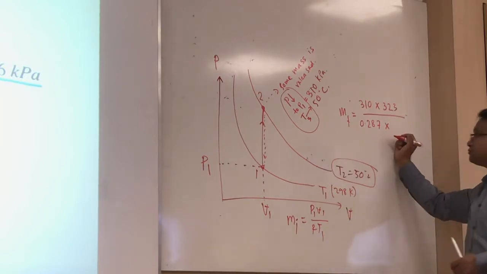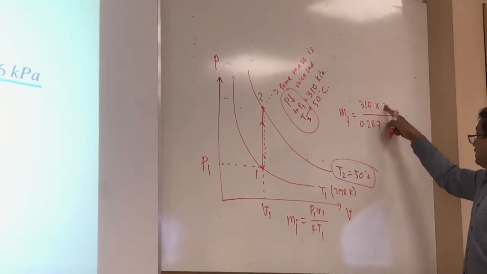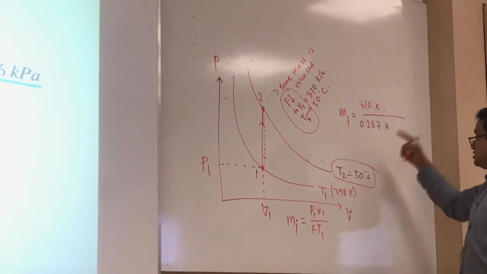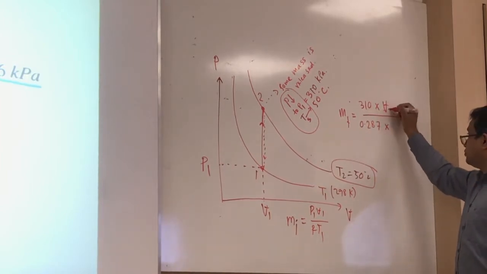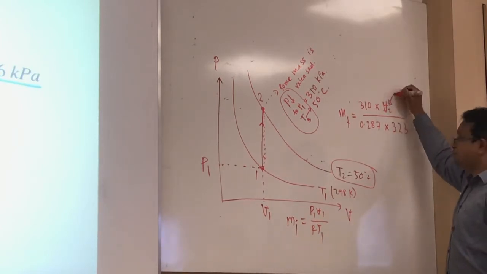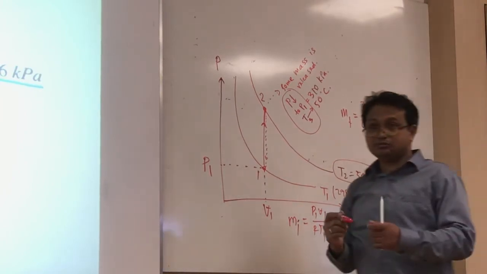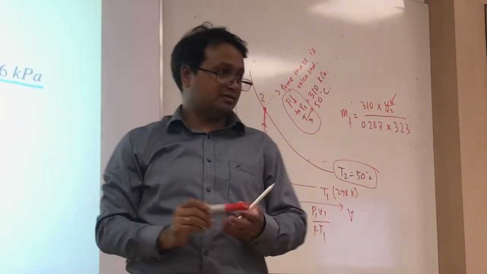Then PV by RT, right? This is V2, and the temperature should be 323. So this value is equivalent to this value, why? Tell me.